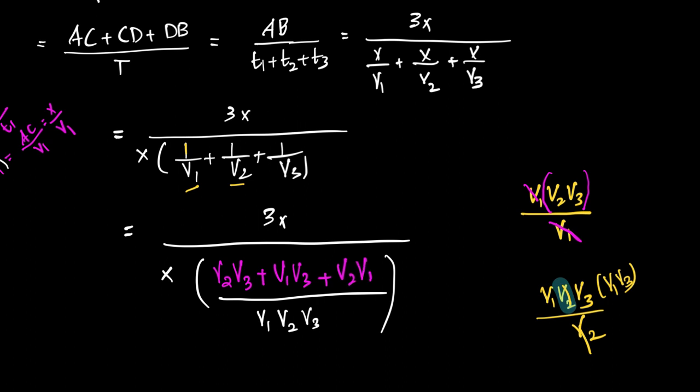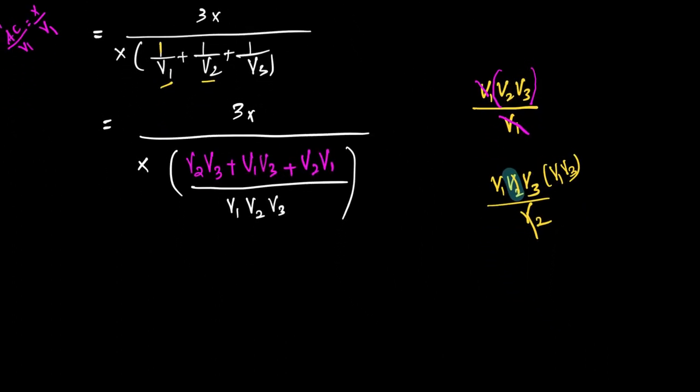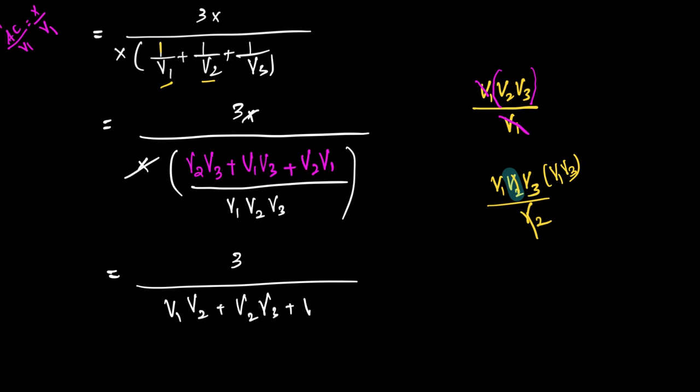Now, in this case, we can say further that x and x will get cancelled. So what will we get? 3 the whole upon, let me just make a small rearrangement here, I would write it like this: v1 v2 plus v2 v3 plus v1 v3, the whole divided by v1 v2 v3.